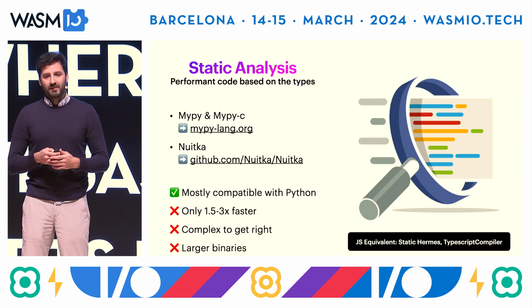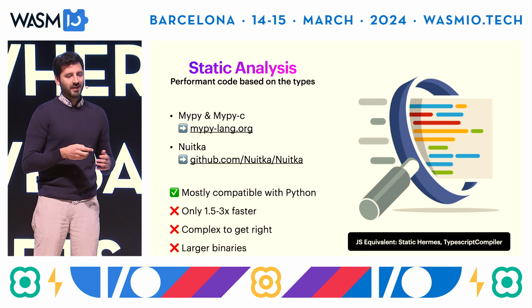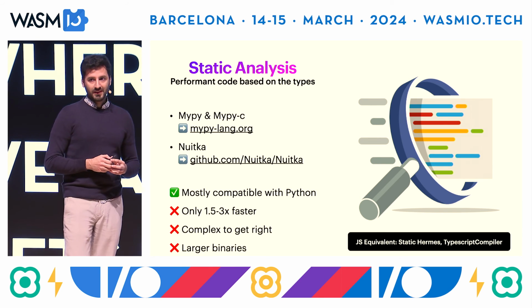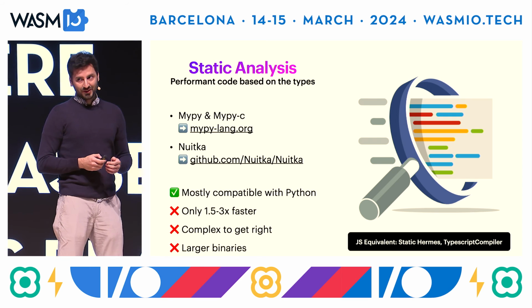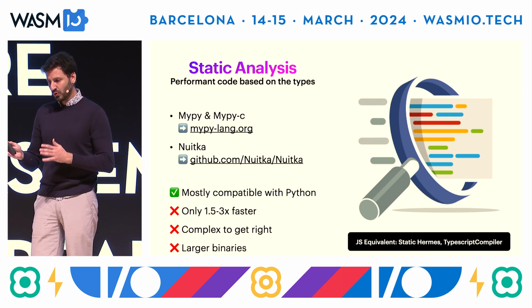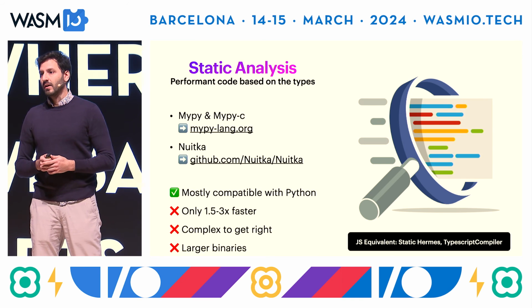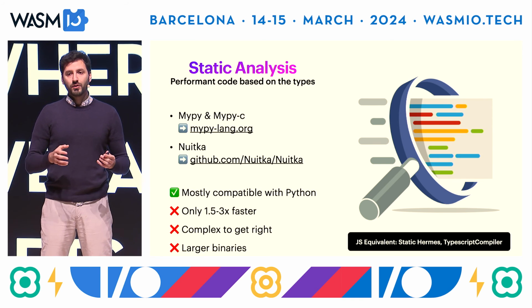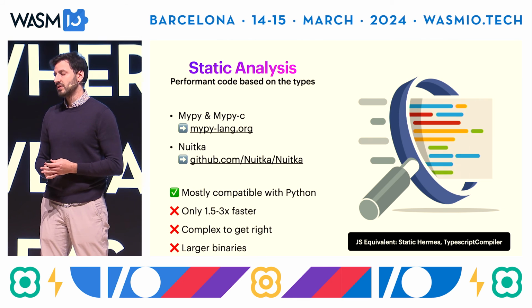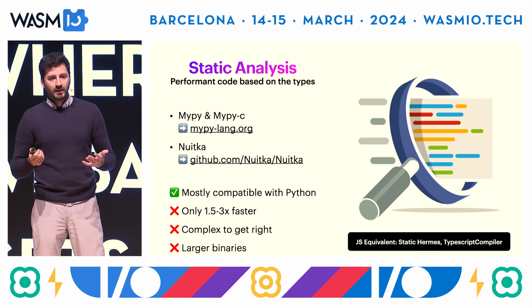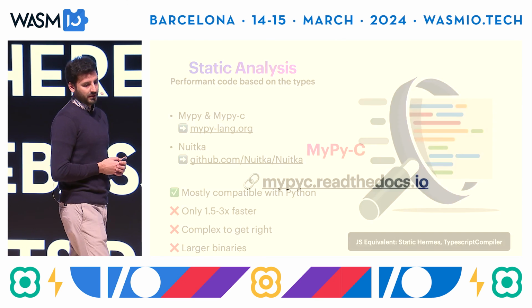This is not on the path of whoever is writing the Python program, it's on the path of whoever is creating Nuitka or mypyc. This is not easy, and there may be some weird quirks. Also, this implies very large binaries. Why? Because you are transforming your Python code into C code and injecting this into the WebAssembly, so it's going to get into larger binaries.